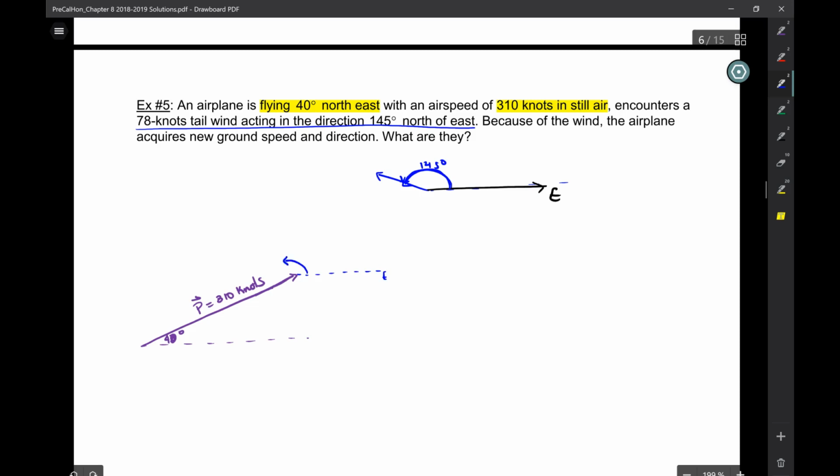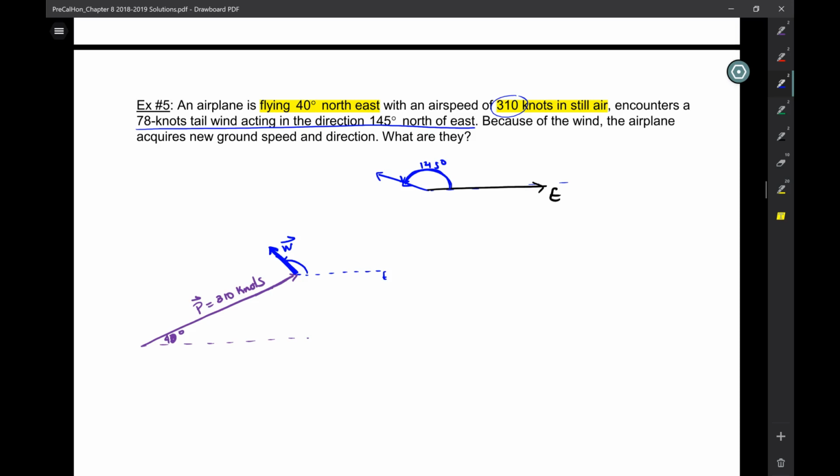In the beginning, it's very confusing. Now, how much is it? It's 78 knots, so I want to scale it a little bit. If this is 310 and that's 78, that's about a quarter of it, so it's going to be much smaller, like this. I'm going to call that vector W.